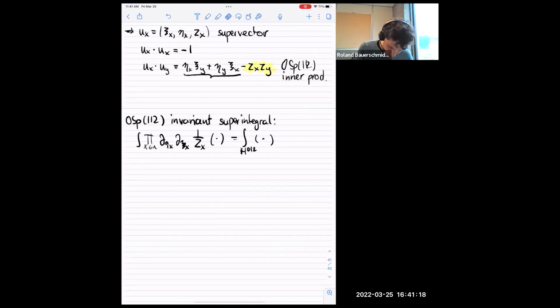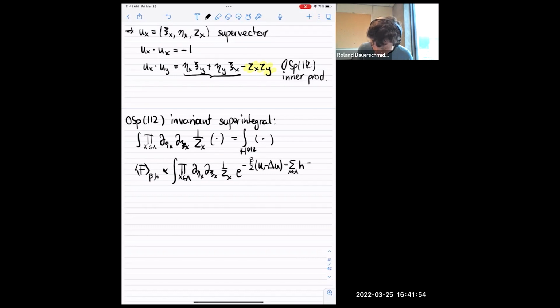And then, like the Heisenberg model, we can define a model of these spins, which we think of as spins. We could put an external field as well, and it's given by this invariant integral, and then we put exactly the same action we would put in a Heisenberg model, with a magnetic field, say.